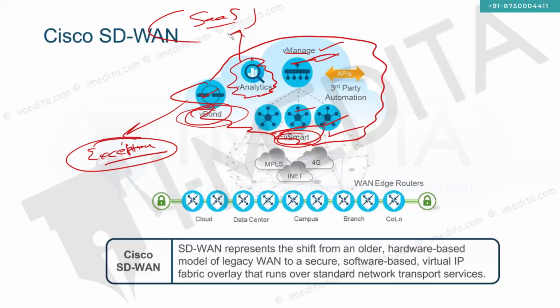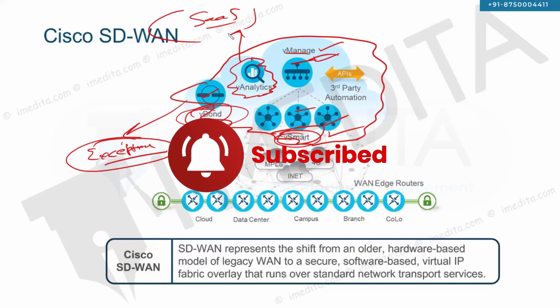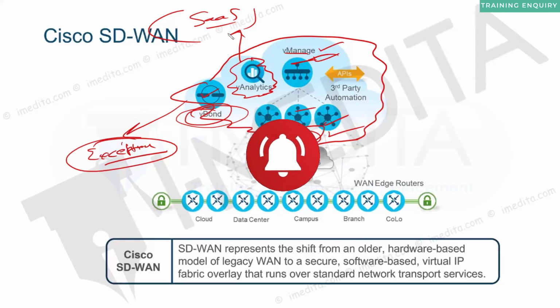For example, if you need to generate reports like what is the bandwidth utilization for a site, or which application is being used most by which branch of users, or organization wide, you can have those interactive reports generated from vAnalytics. Remember that vAnalytics will always fetch the information from vManage. So if you want vAnalytics to work, it is mandatory to provide internet connectivity to the vManage.